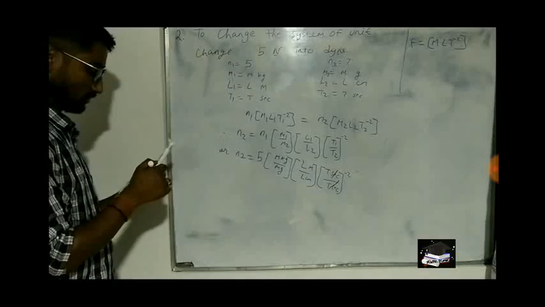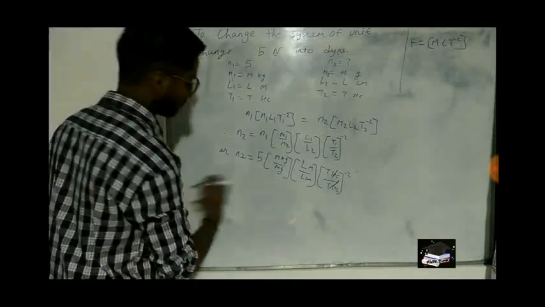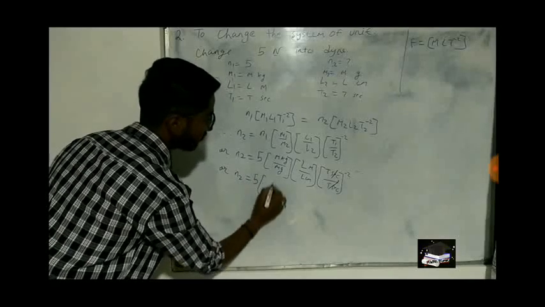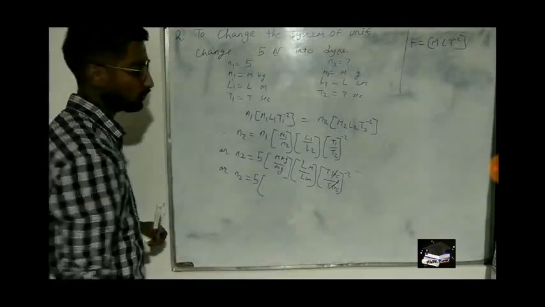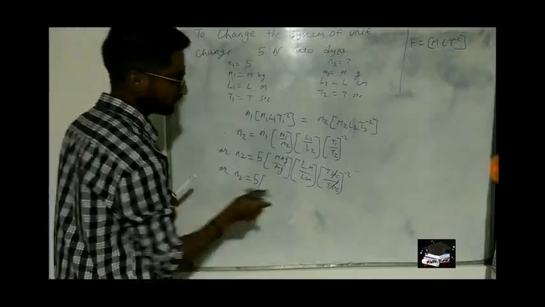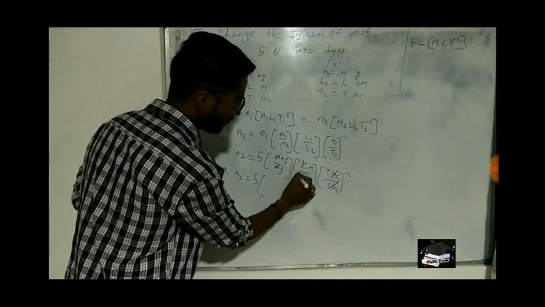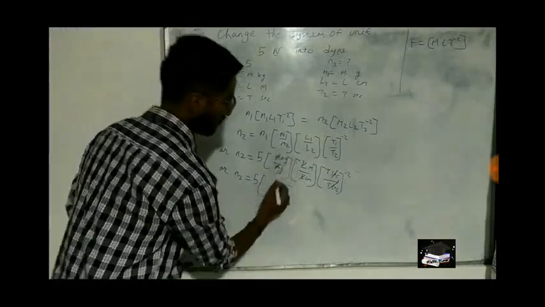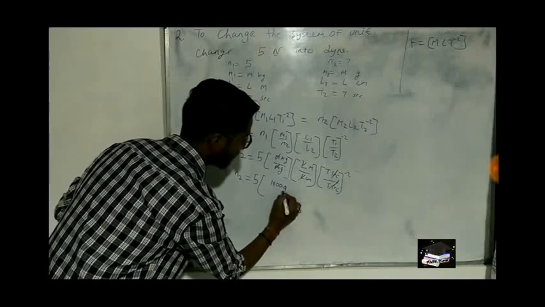They cancel out. Now N2 equals 5 kg, which will change into gram. Before doing that, M and M cancel. L and L also cancel. So kg means 1000 gram.